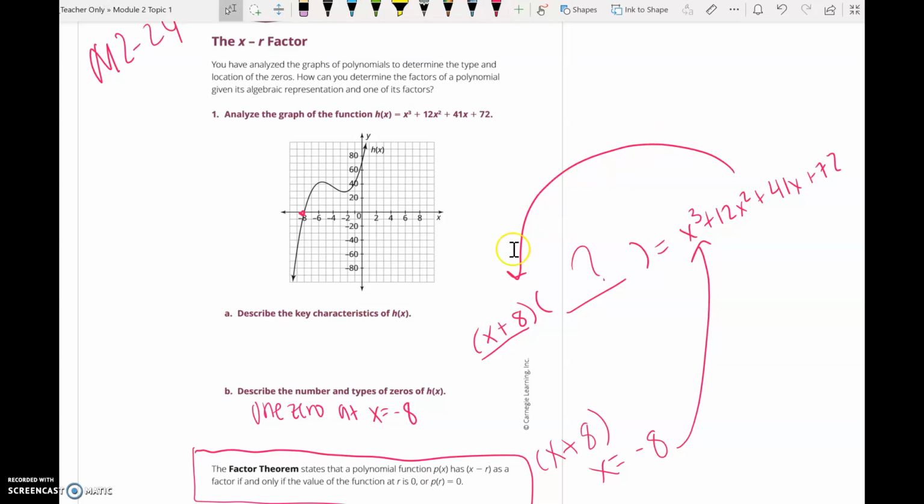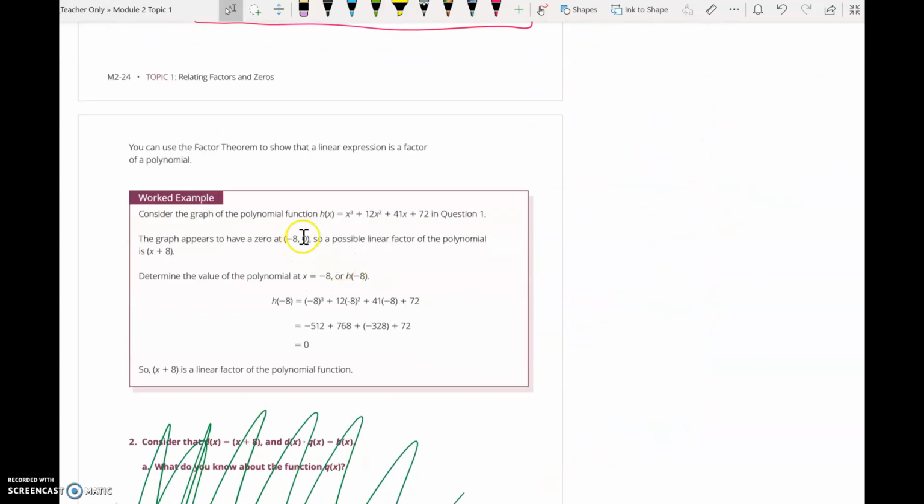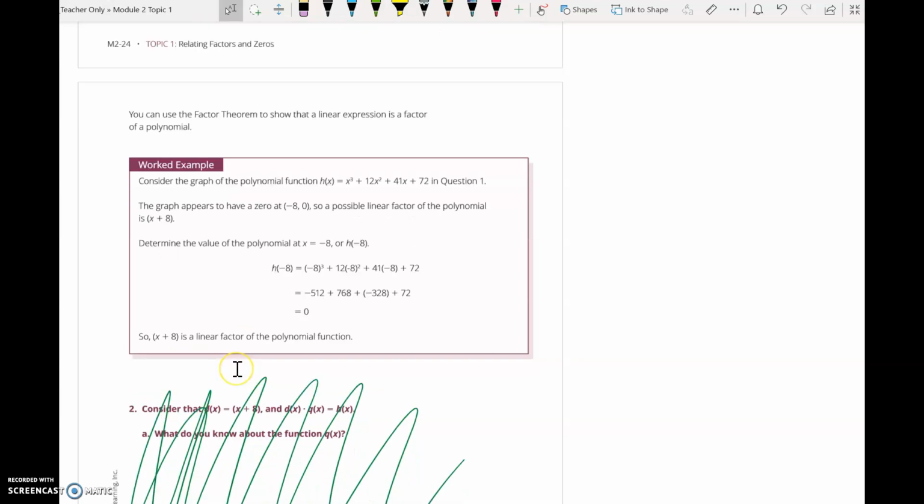That's factor theorem. So if you know a zero, it should plug in and equal 0. So if you see down here, when I took -8 and plugged it in for x, I got out 0. That's why it's called a zero, right? X-intercepts have a y value of 0. They have an output of 0. So x plus 8 is a factor, okay?